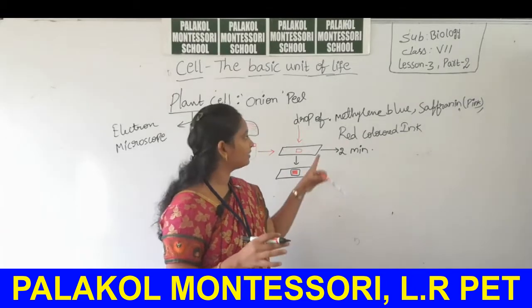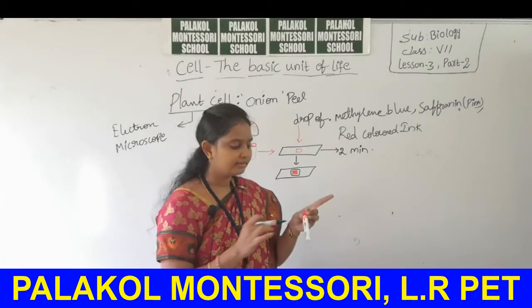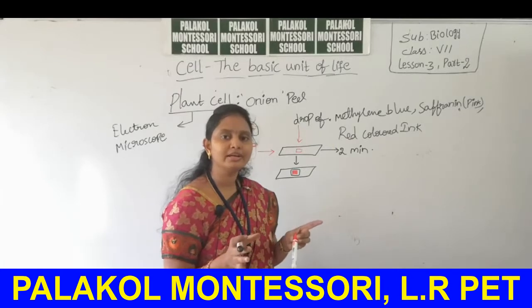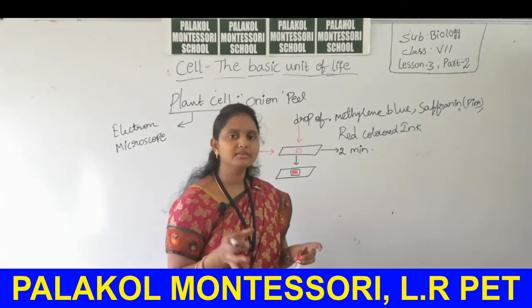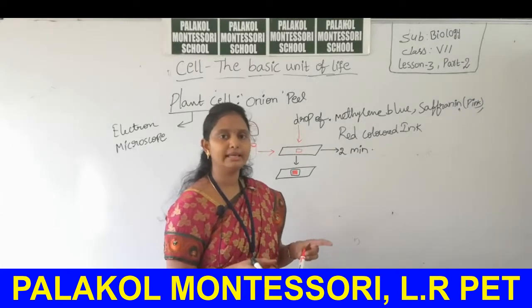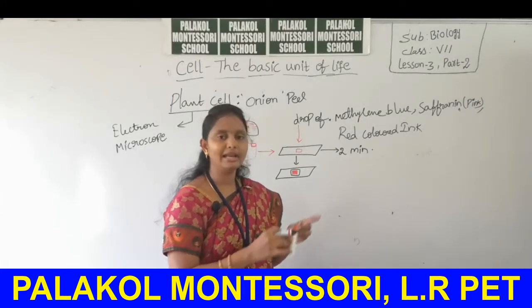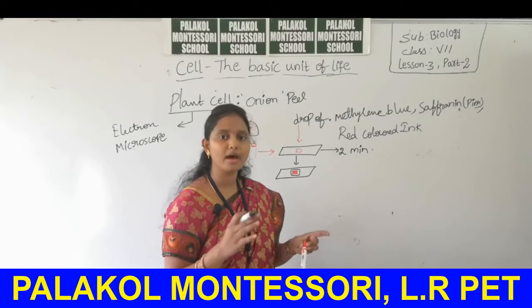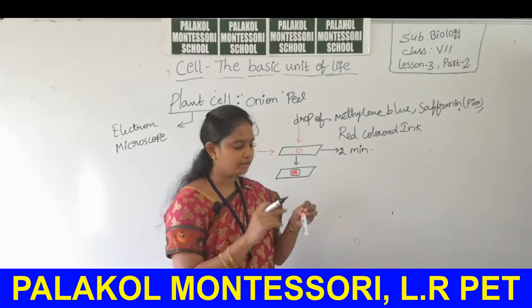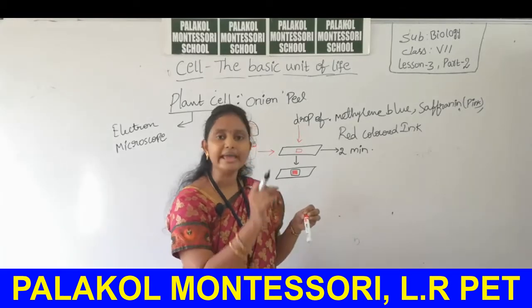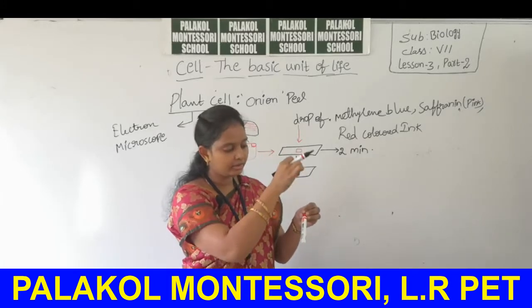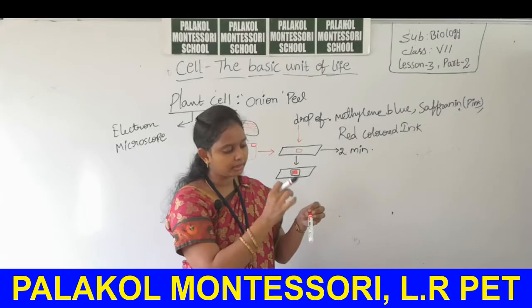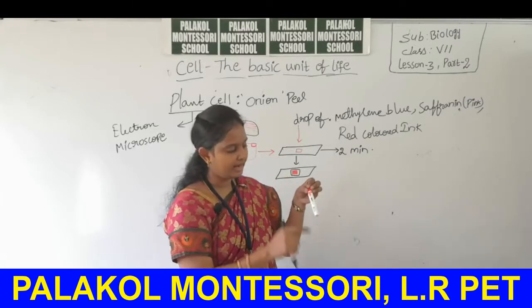Because if the color is more, the appearance of the nucleus is not distinct. So to observe the nucleus carefully, the excess stain is removed by adding water drop by drop, carefully, on this slide.